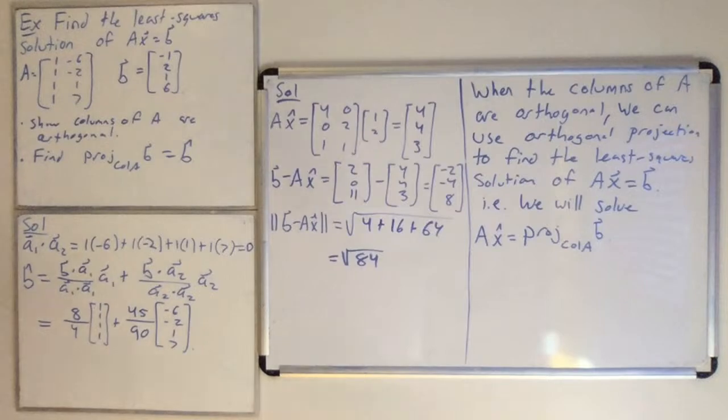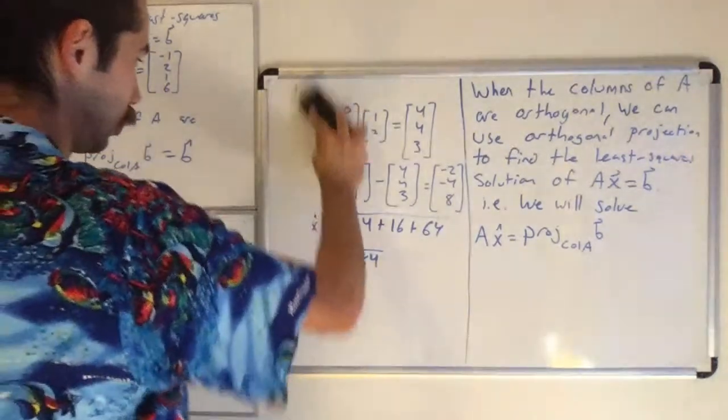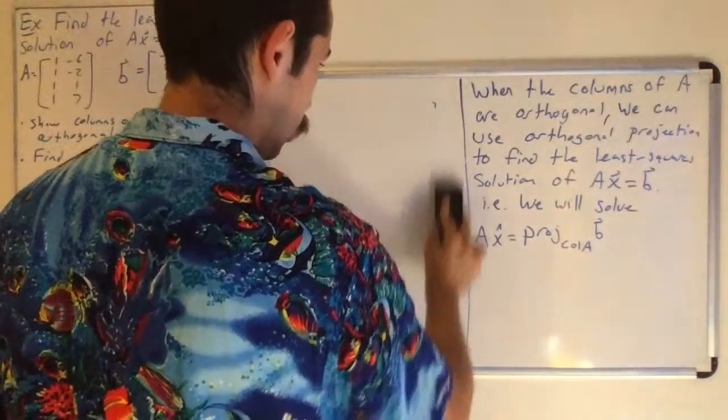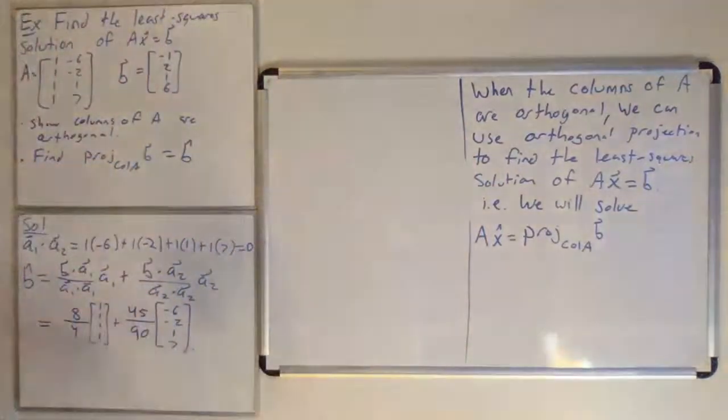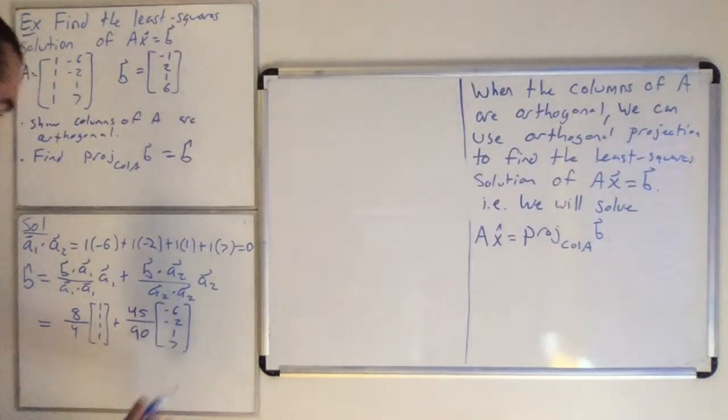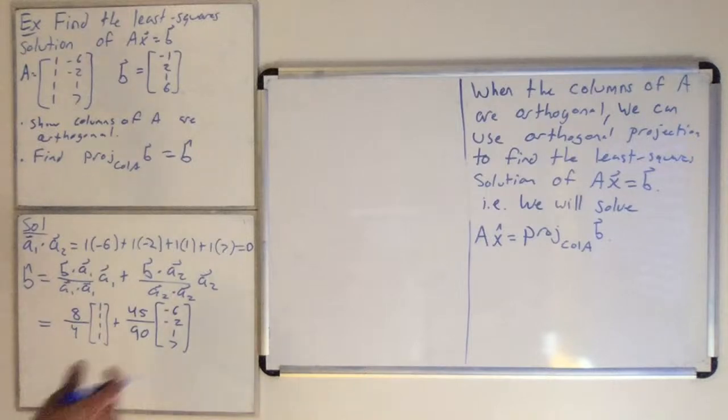Okay, so now we can add these vectors together. And we get this. It doesn't really matter what these add up to.